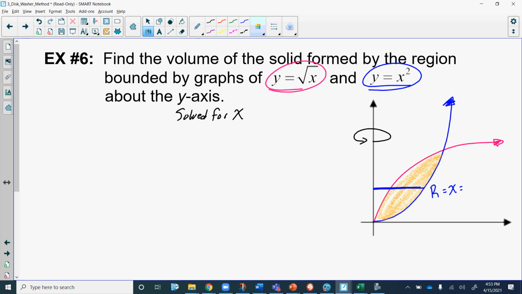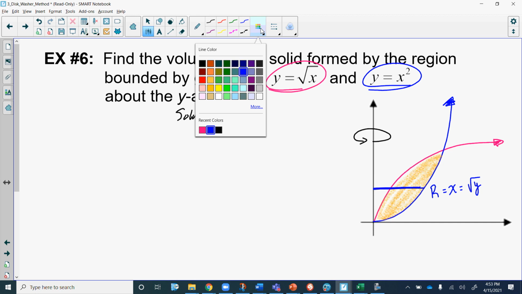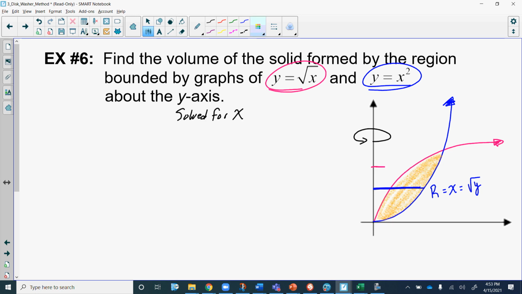In this case, x is going to be equal to the square root of y. So that's the outer radius. And the inner radius would be this one right here, which again is going to be in terms of x. If I take y is equal to the square root of x and solve it in terms of x, that would be x is equal to y squared. So now we have our inner and our outer radii.